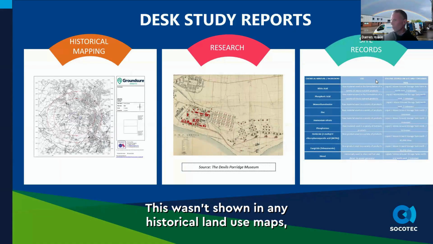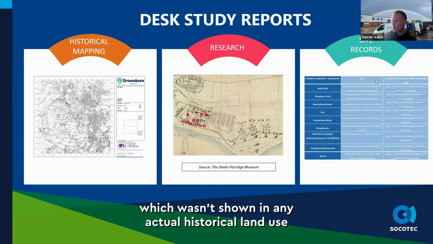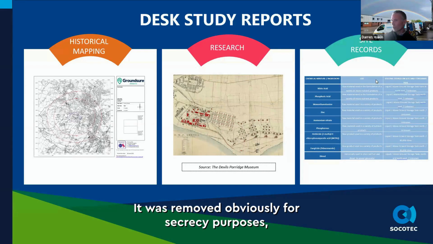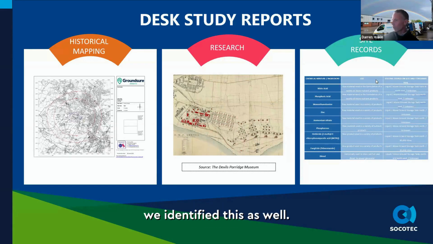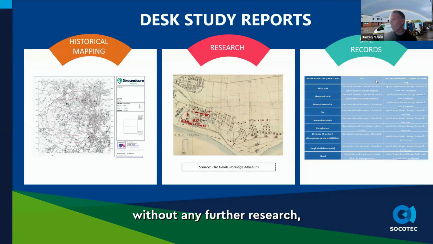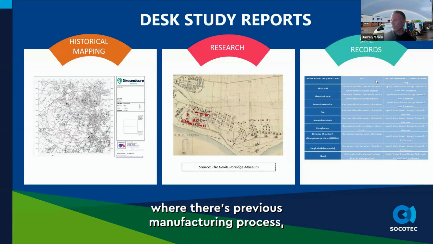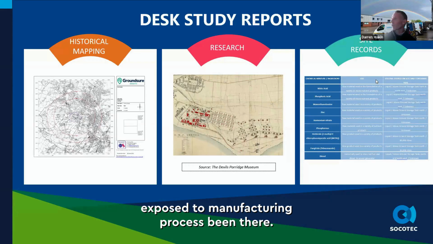This wasn't shown in historical land use maps, but it's actually an ammunition plant manufacturing that Devil's Porridge, which wasn't shown in any actual historical land use maps. It was removed, obviously, for secrecy purposes. But from our additional research, we identified this as well. So we could have inadvertently, if we thought it was just a greenfield site, without any further research, be investigating areas where there was previous manufacturing process.